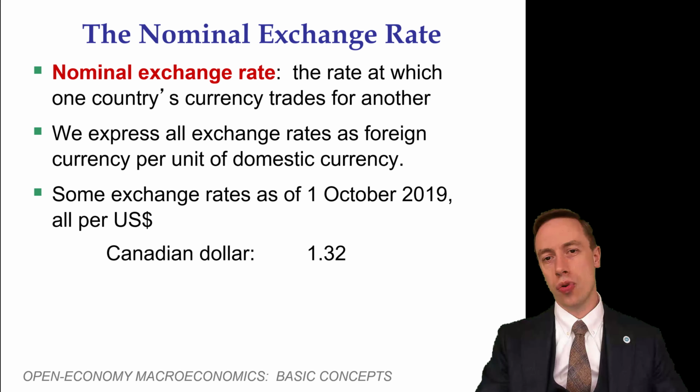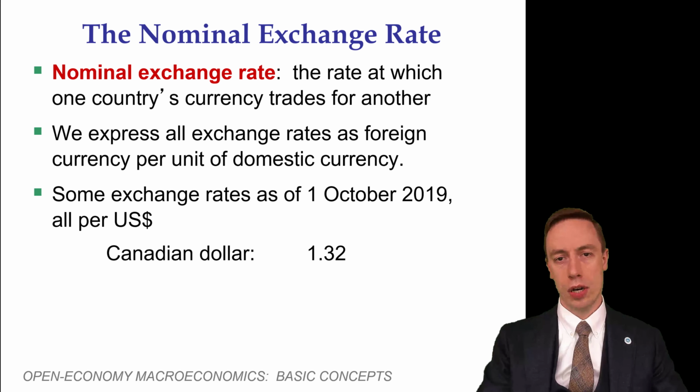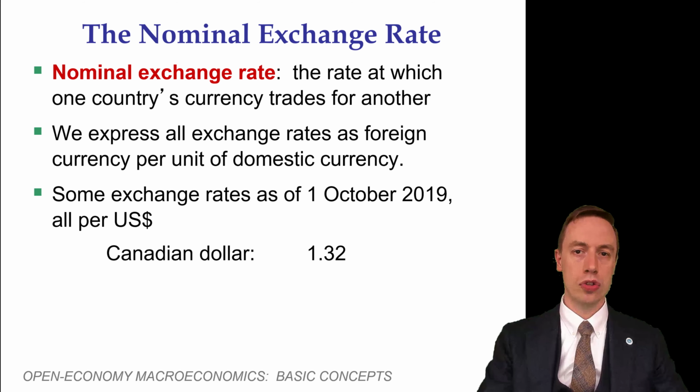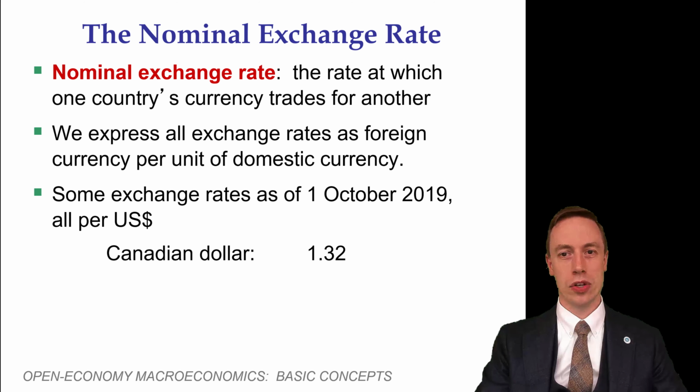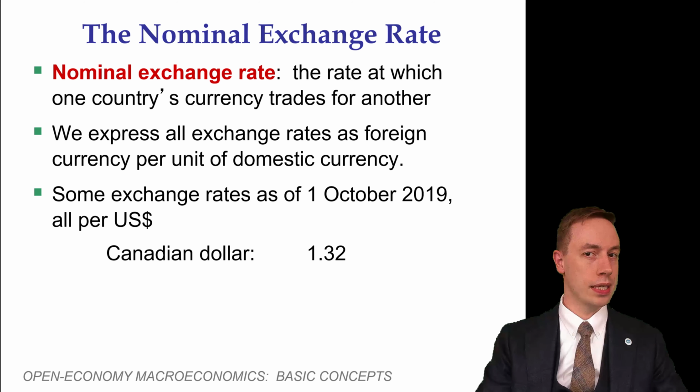If you had 20 US dollars in your possession and you exchanged them, how many Canadian dollars would you receive? 20 times 1.32. If you had 20 Canadian dollars and wanted to exchange them into US currency, you would have to take the 20 Canadian dollars and divide them by 1.32.